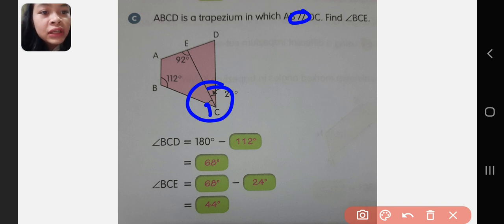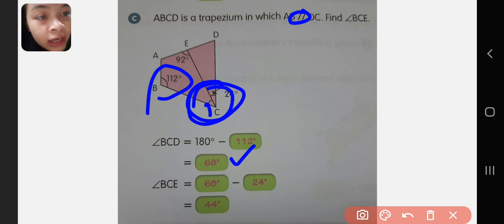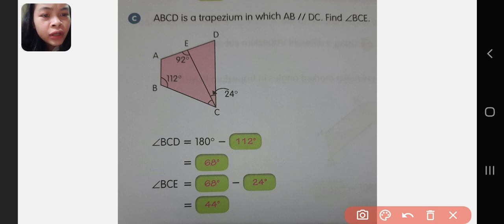BCD is 180 degrees minus 112 degrees equals 68 degrees. Because this whole angle is 68 degrees, BCE only is 68 minus 24 degrees equals 44 degrees.